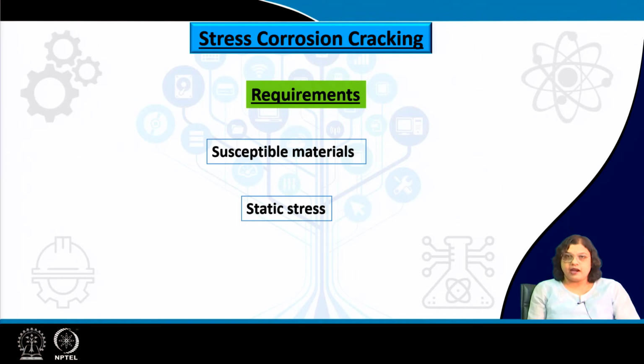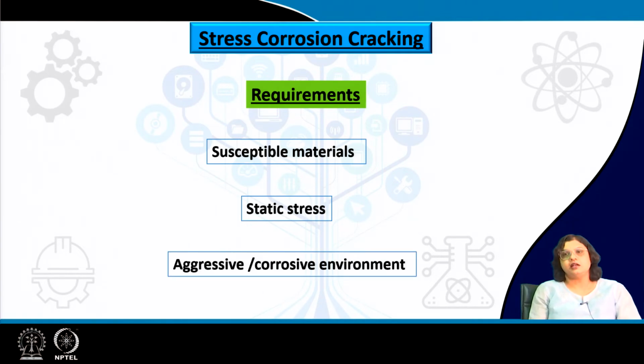Also, along with the material being susceptible, we need an amount of stress that is already existing during the service or in the process itself. Okay. So, this stress is very important for the stress corrosion to materialize. And thirdly, and most importantly, as the name suggests, we do need a corrosive or aggressive media. These three conditions simultaneously ensure occurrence of stress corrosion cracking. Okay.